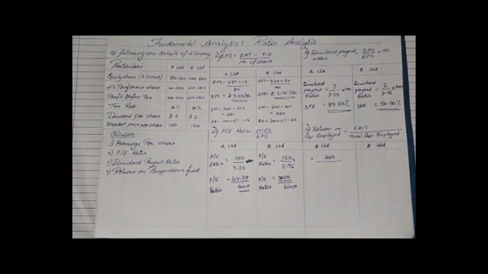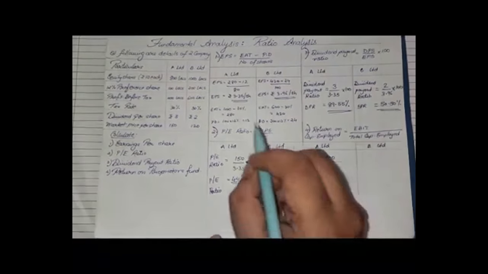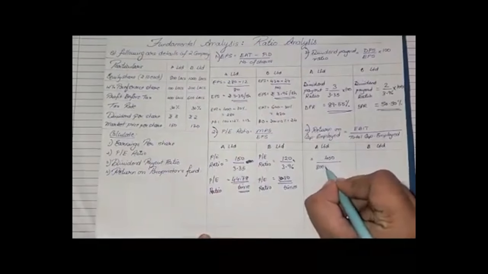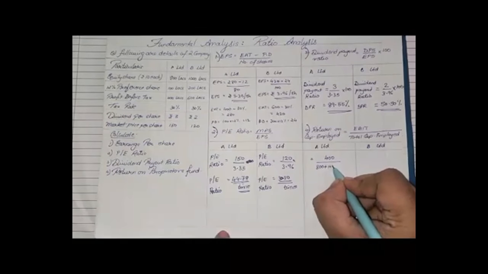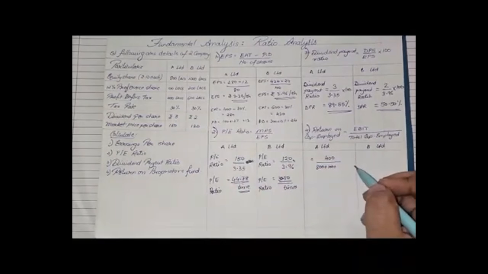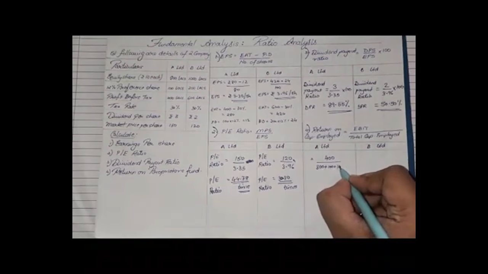So when you add up all your funds, how we'll do it: equity share is 800, so we'll note down 800 plus preference share of 100 plus reserves and surplus of rupees 100.